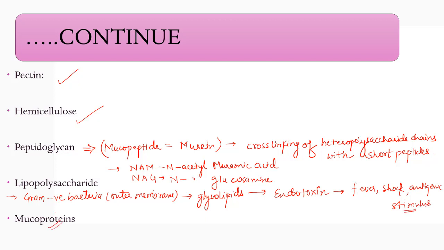Then comes mucoproteins. Mucoproteins are glycoproteins. They are protein-conjugated mucosaccharides. They help to produce mucus. Understood?